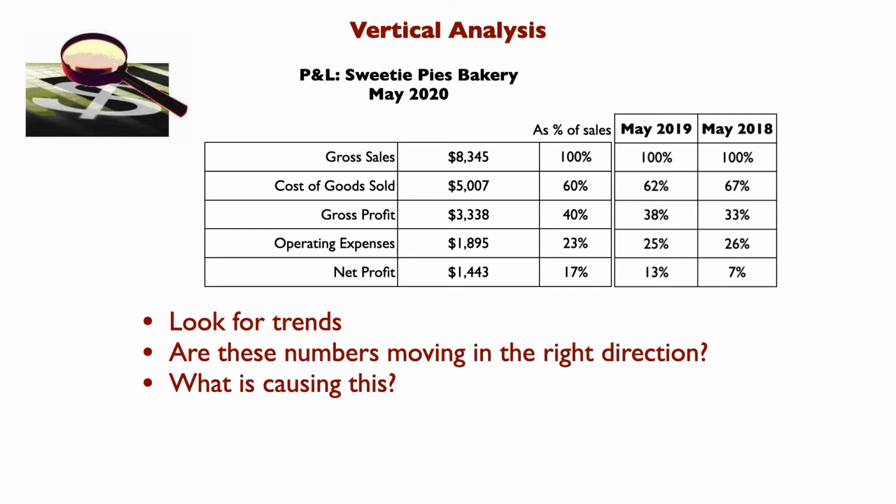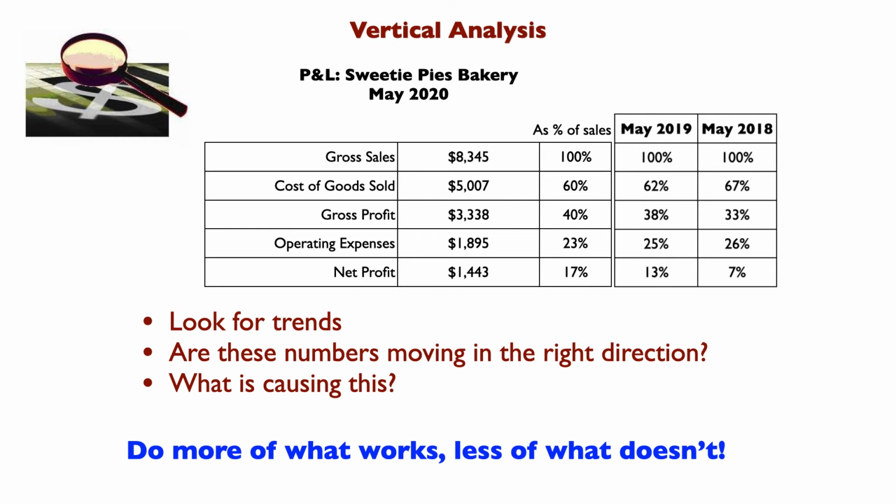Maybe she negotiated a better rent. Maybe she's found a cheaper insurance. She's done something to decrease her operating expenses and become more efficient. And because she's done all these things, you can see her net profit is moving up, which is definitely in the right direction. That's what we're aiming for.